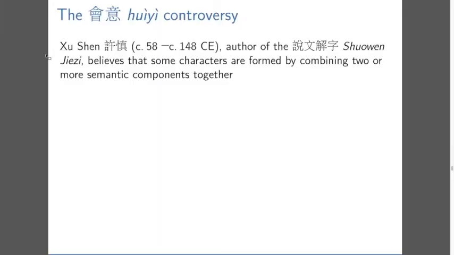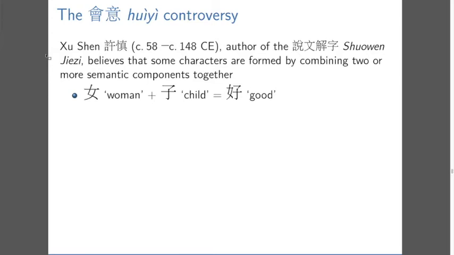We will not worry about most of the types. What we do want to look at is the huiyi type. According to him, this is when you take two characters and combine them without reference to their sound at all, but only from their meaning. And here are some examples.